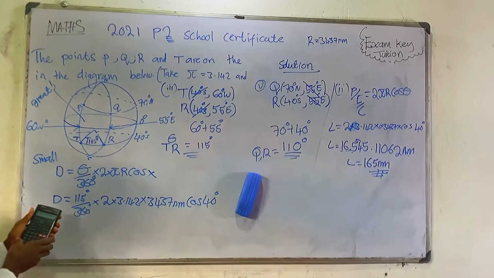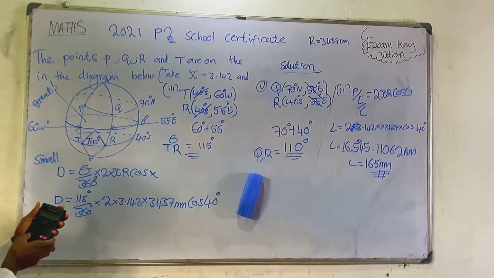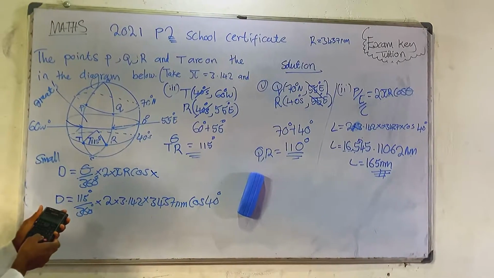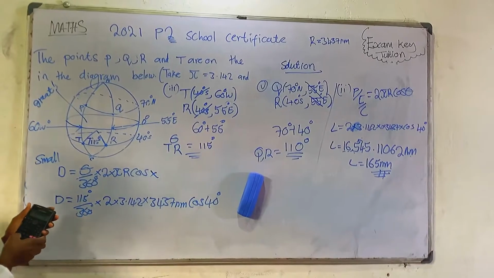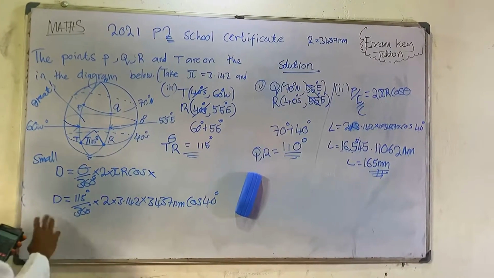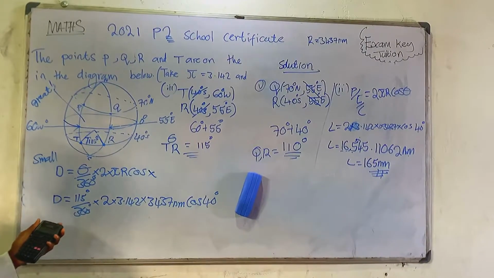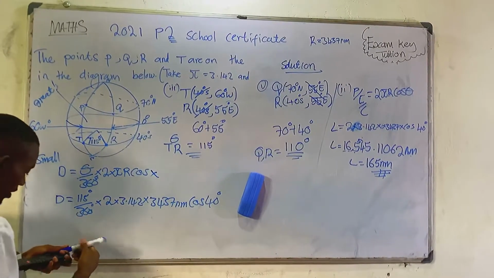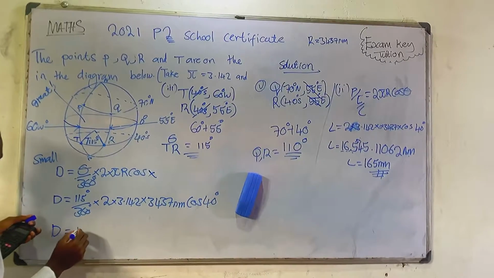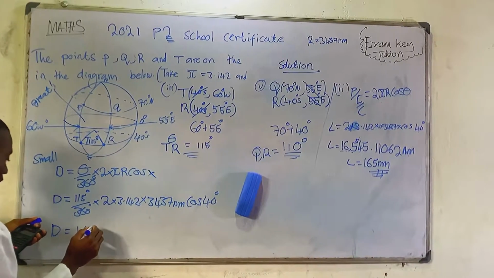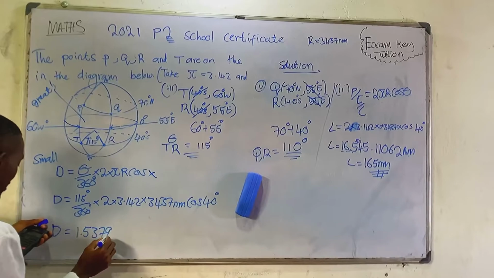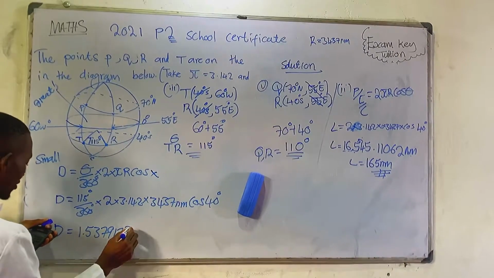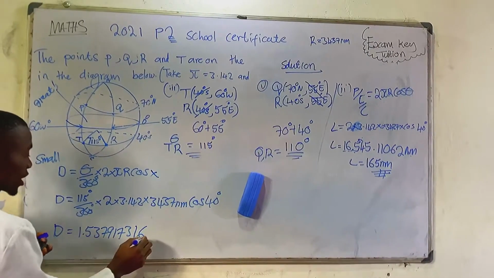Then you have 34.37 nautical miles. Then you have cos, which is 40. So I punched it directly, and you have this figure. You can say distance is equal to 1.537917316. You put the units.